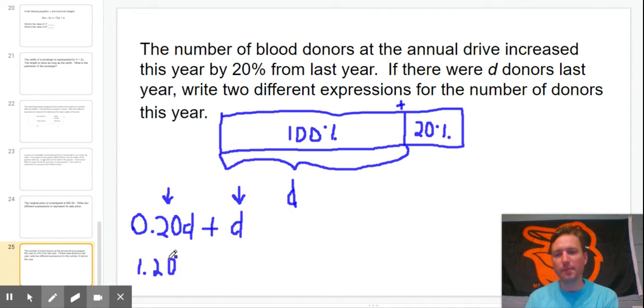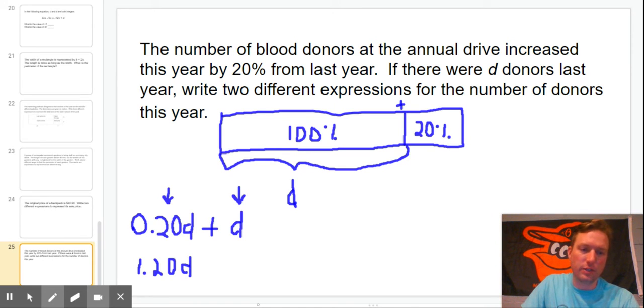And what we would do here is 1.20 times D, and that would give us not only our 20%, but 120%. So our 100% from last year, our 20% increase, put it together, multiply it by our number of donors, bada bing, bada boom. That would be a second way that we could write this expression.